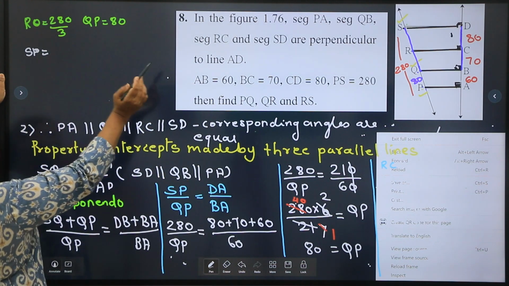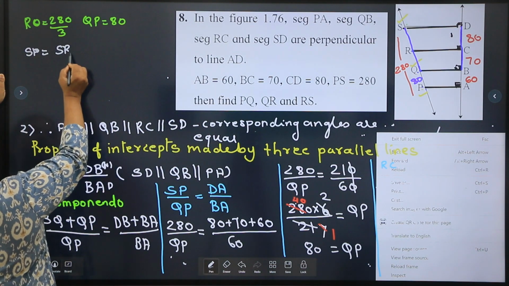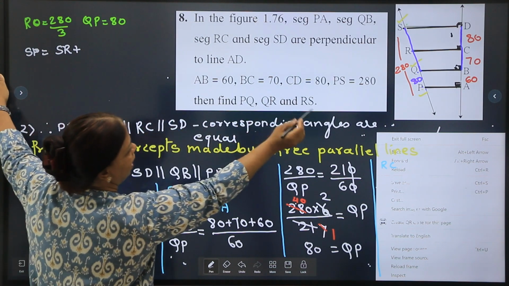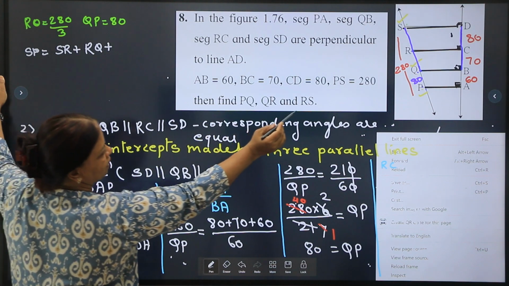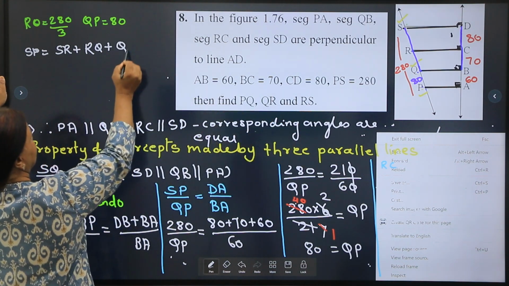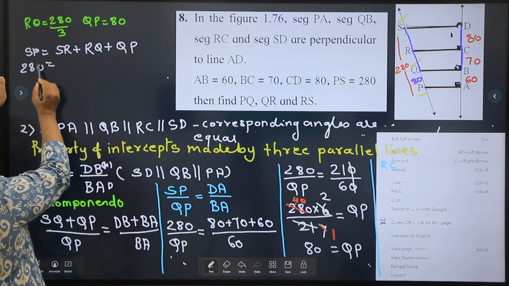SP means total is equal to SR plus RQ plus QP, and SP is how much? 280.